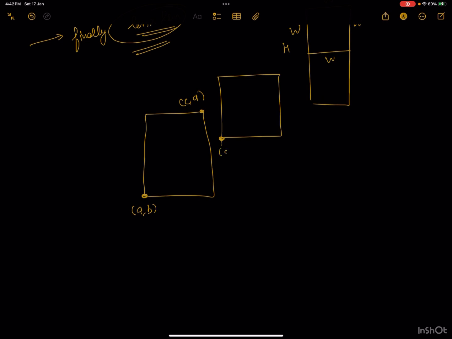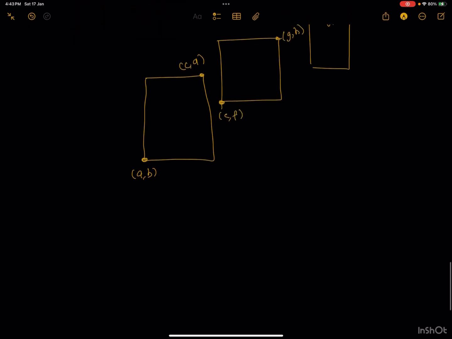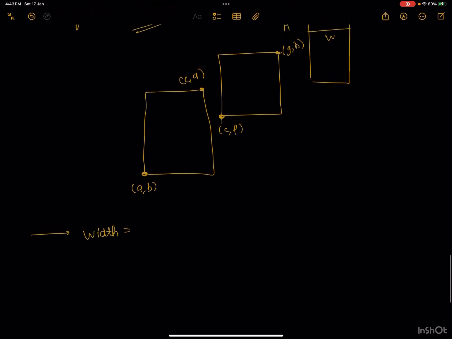As we saw above, when we were calculating the width or height, we were taking the minimum of the top right in the x direction of rectangle b as well as rectangle c. So we took the minimum of g comma c, because if we cross the minimum of any of these coordinates, after that there is no intersection.